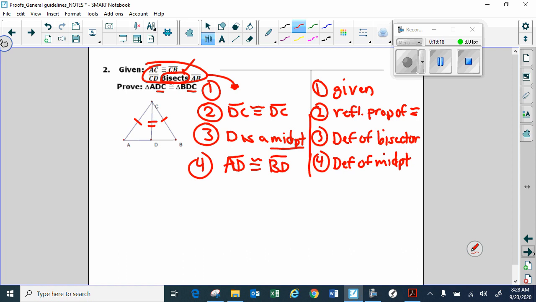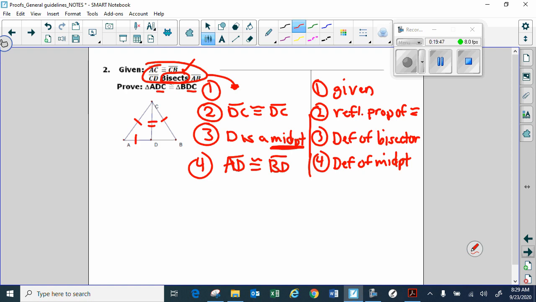Okay. Like I said, they might let you jump right to step 4, not have to do step 3. And if it was, then you'd be able to say definition of bisector right away for AD being congruent to BD. But in case they don't, bisector is going to go through the midpoint. So you can say D is midpoint by definition of bisector. So now you've created another vocab word here, and now I can use that definition in my next statement right here.